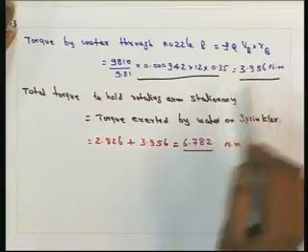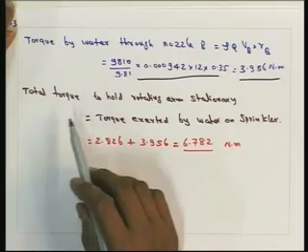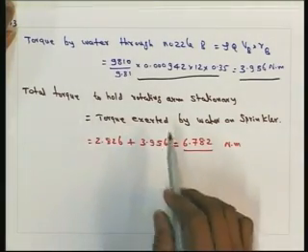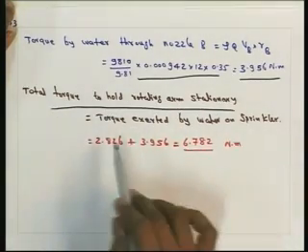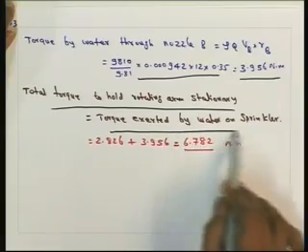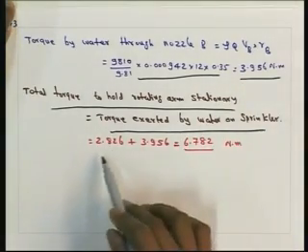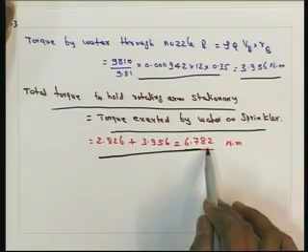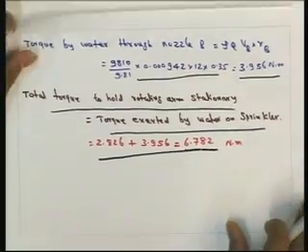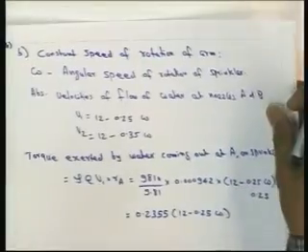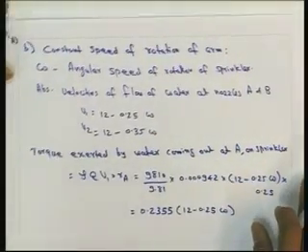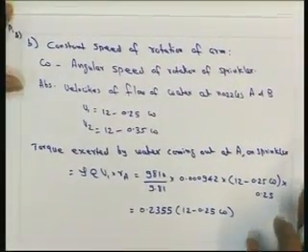So, 3.956 Newton meter, and finally, we can find the total torque to hold the rotating arm stationary. That will be equal to the torque exerted by water on the sprinkler. So, we can add both cases, 2.826 plus 3.956, that will give 6.782 Newton meter. So, that is the torque required to hold the rotating arm stationary. That is the first part of the problem.